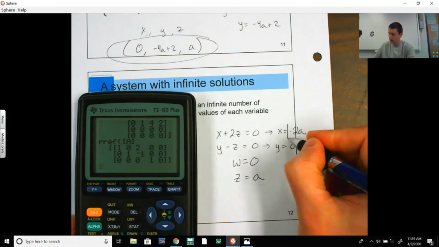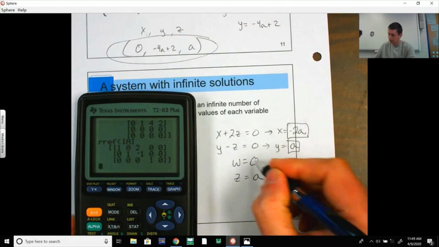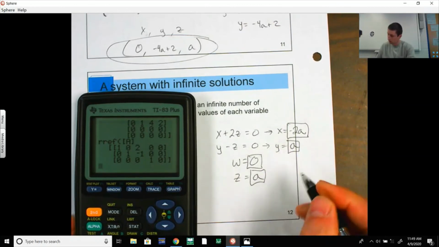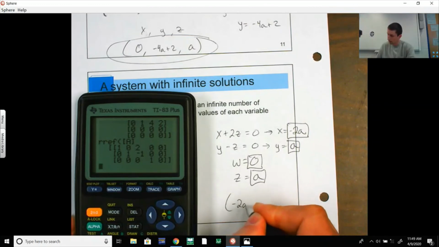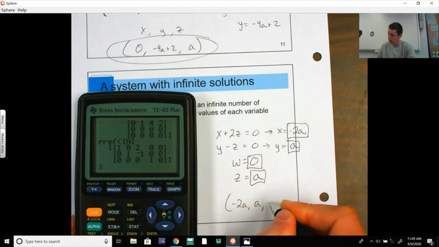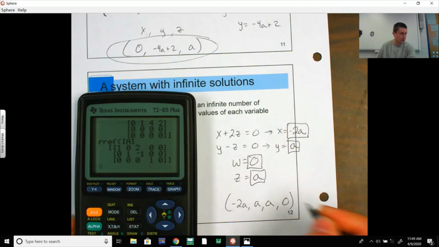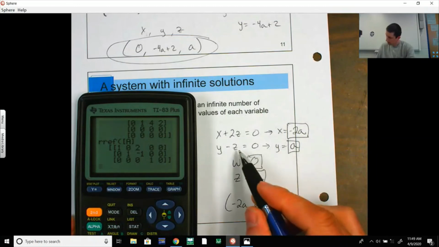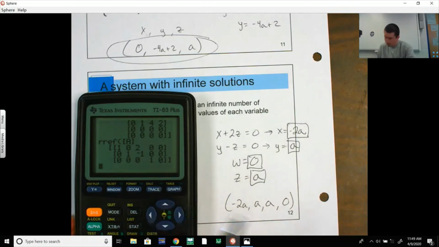So x is negative 2a, y is a, w is 0, and z is a. So our answer would be negative 2a, a, and 0. Okay, check. Negative 2a, a, yep, okay, same answer.